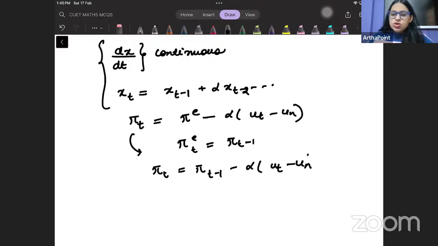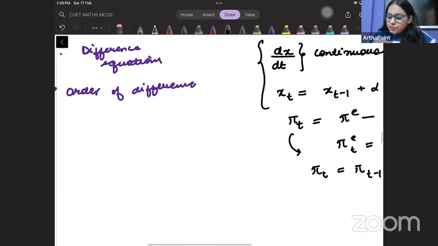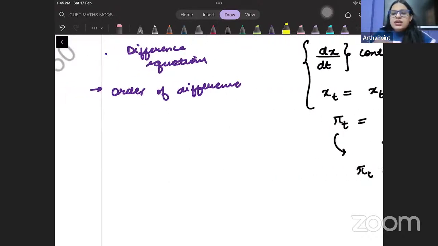So in case of difference equation, क्या कर रहे हैं हम? We have variable which is in the discrete format and हम उसको time period से link कर रहे हैं that this year's value depends on the last year's value. So the first thing important that can be asked in paper from difference equation is the order of the difference equation. सबसे पहले तो ये पूछ सकते हैं.